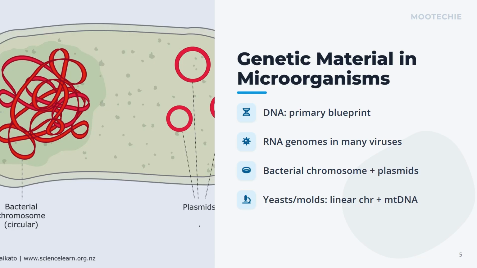In yeasts and molds, which are eukaryotes, we find linear chromosomes plus mitochondrial DNA, meaning linear chromosomes within a nucleus and separate mitochondrial DNA for energy production. The diagram shows a bacterial chromosome, circular, and smaller independent plasmids, highlighting the simpler organization of prokaryotic DNA.